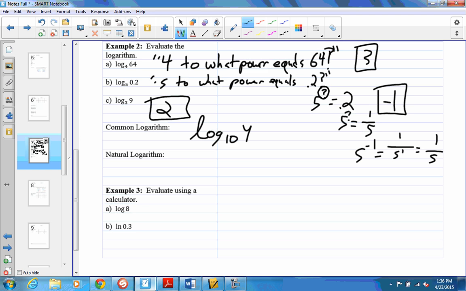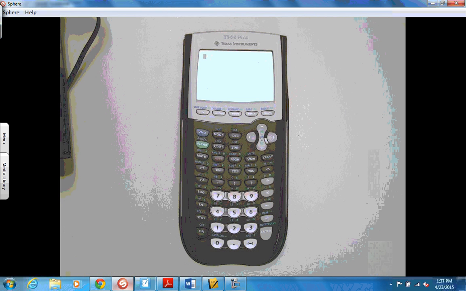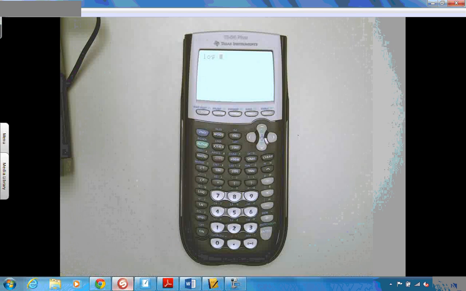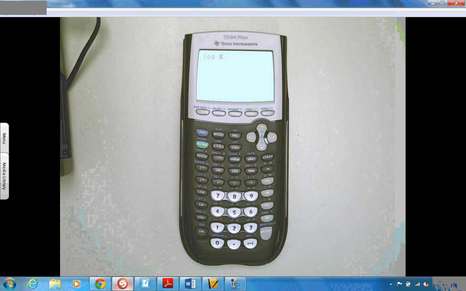So we haven't seen any of those. I've had log base 3, log base 5, log base 4. Those aren't common logs. Look on your calculator at the log button. Notice that it doesn't tell me what my base is.